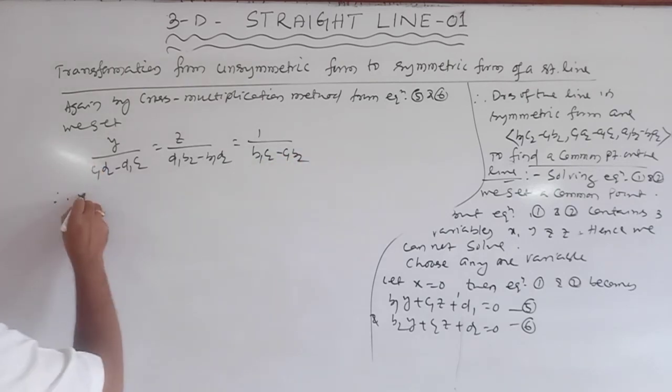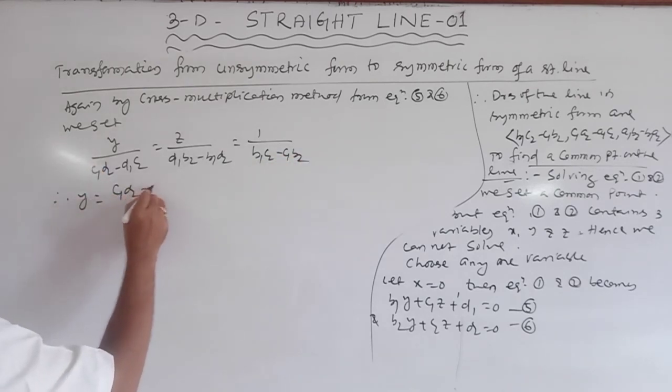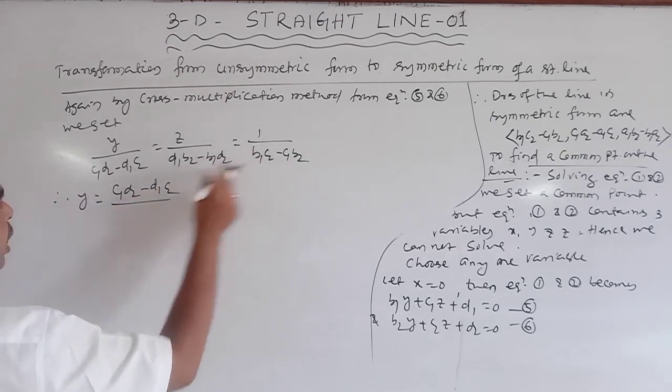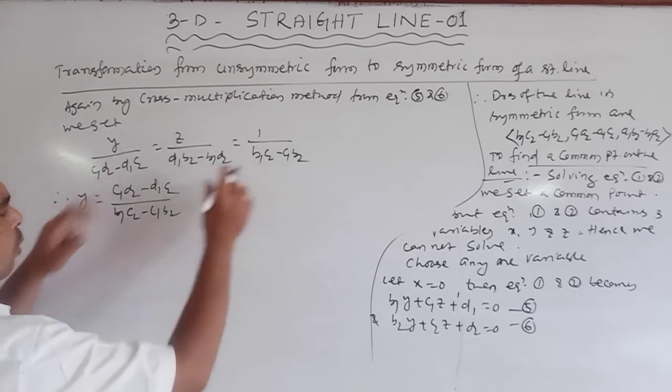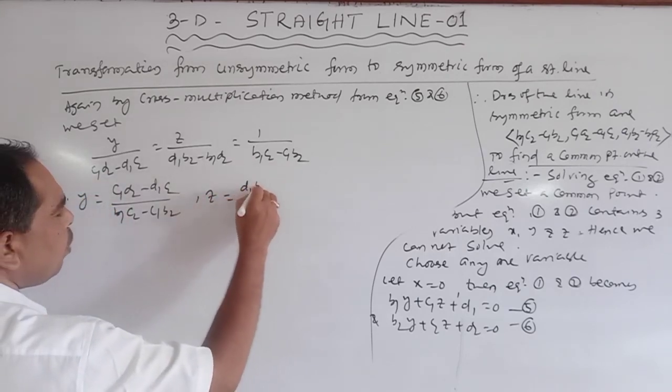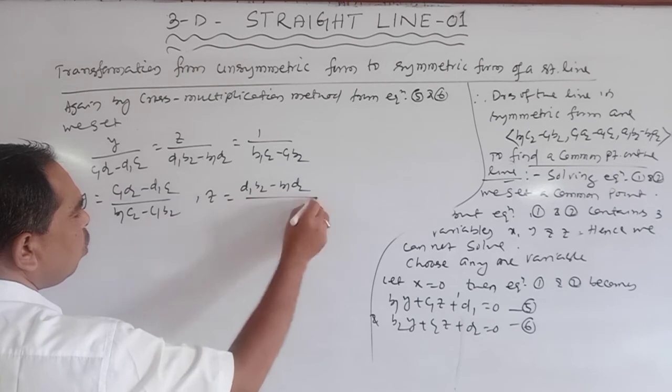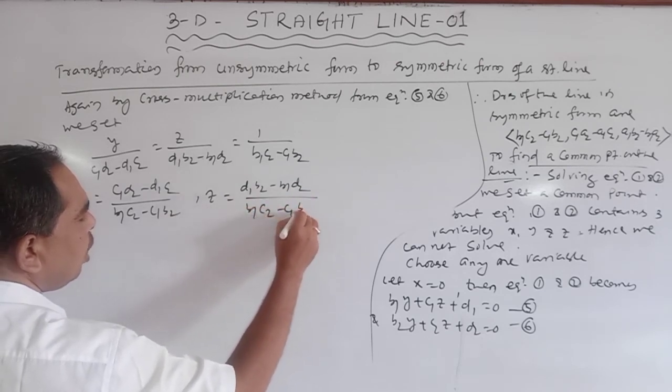Therefore y is equal to c1 d2 minus d1 c2 divided by b1 c2 minus c1 b2. First and third ratio. z is equal to d1 b2 minus b1 d2 divided by b1 c2 minus c1 b2.